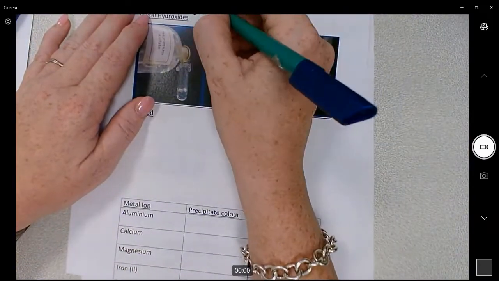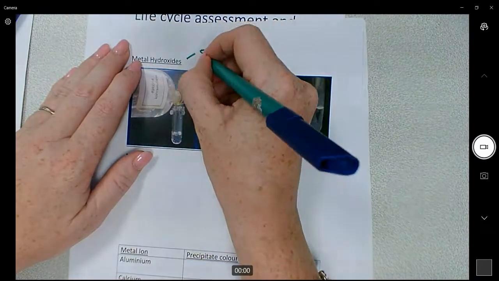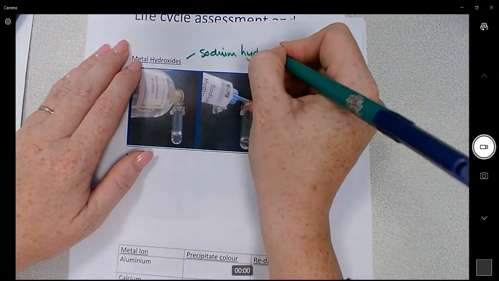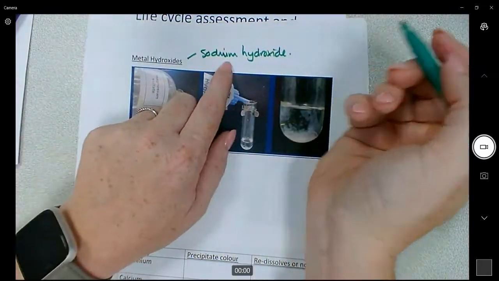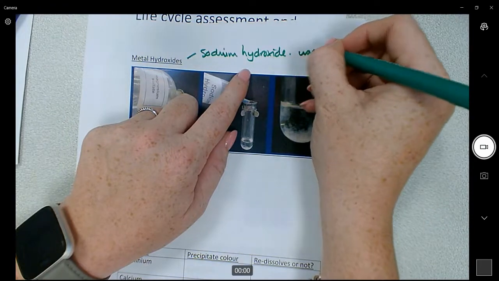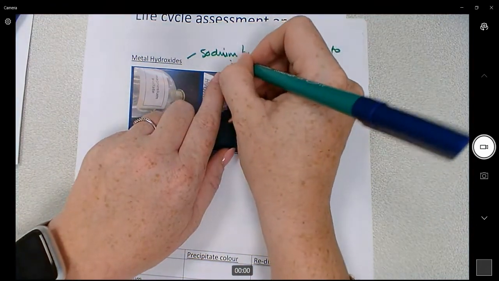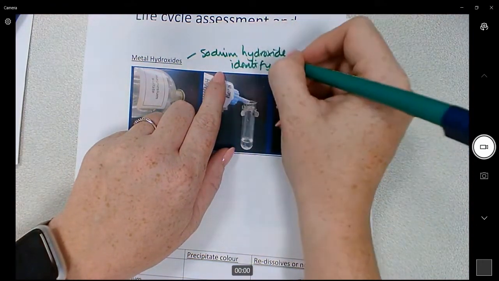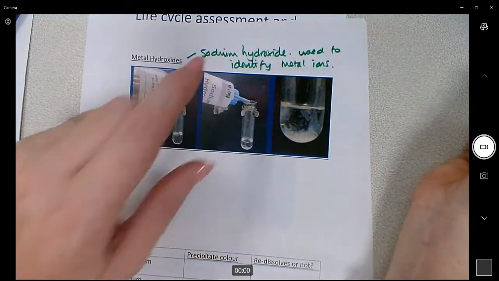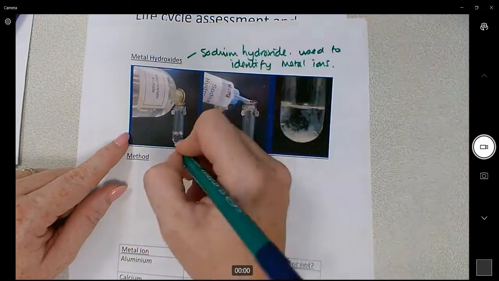So essentially we use sodium hydroxide solution. Now you'll know sodium is a really reactive metal, and it's used to identify our metal ions, so our positive ions. You can see from the picture, I've got my sample.